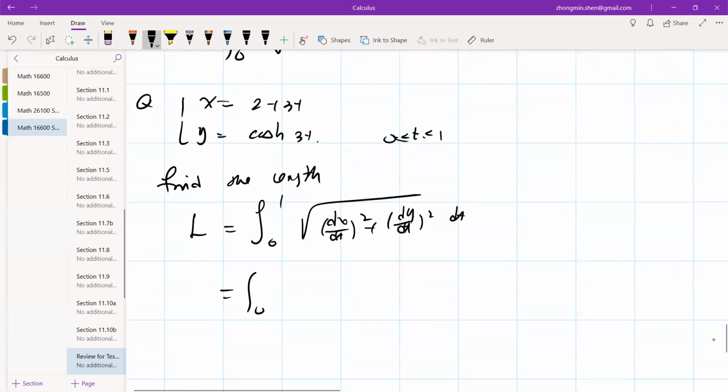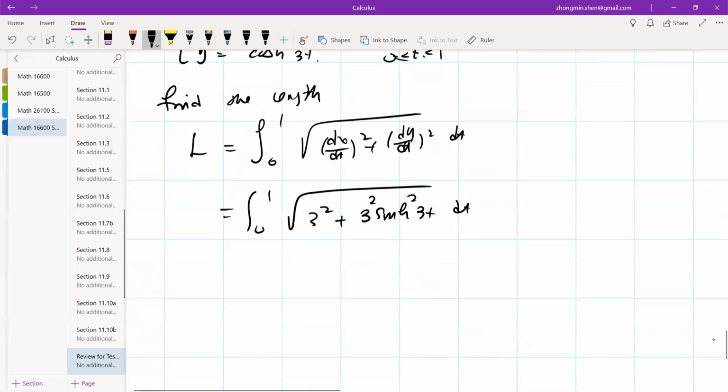Then you differentiate. The first derivative is 3 squared. The second one you differentiate is going to be 3 hyperbolic sine 3t. And the 3 can be taken out: 1 plus hyperbolic sine 3t squared, and that is going to be hyperbolic cosine 3t squared.